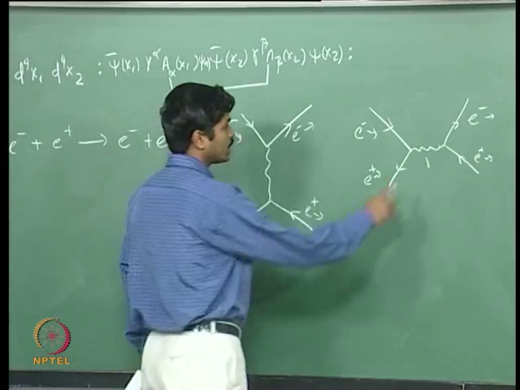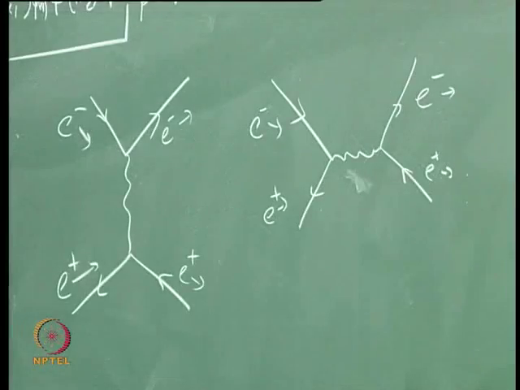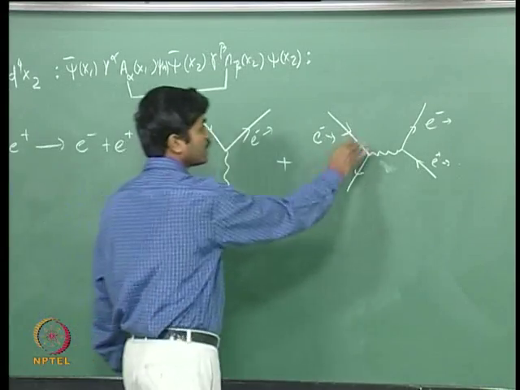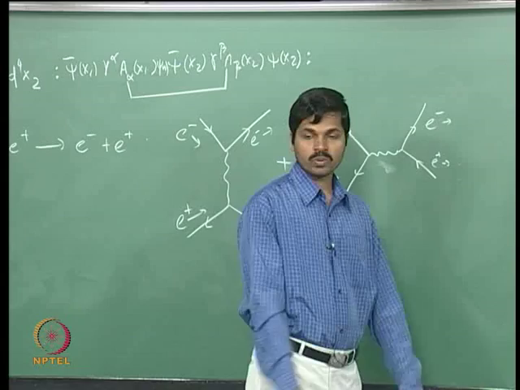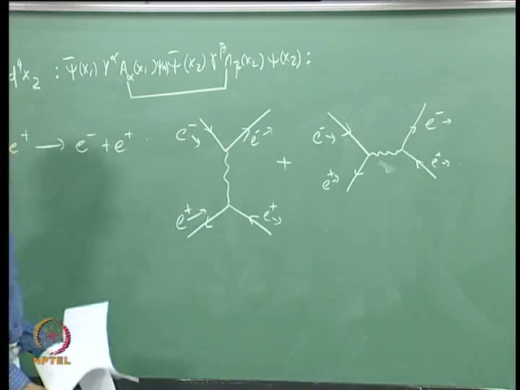So this is also a possibility. You can see both these possibilities from the S matrix here, and then the amplitude here will be the sum of these two terms. There is no identical particle here, no identical incoming or outgoing particles, so you need not worry about the exchange term here anymore.